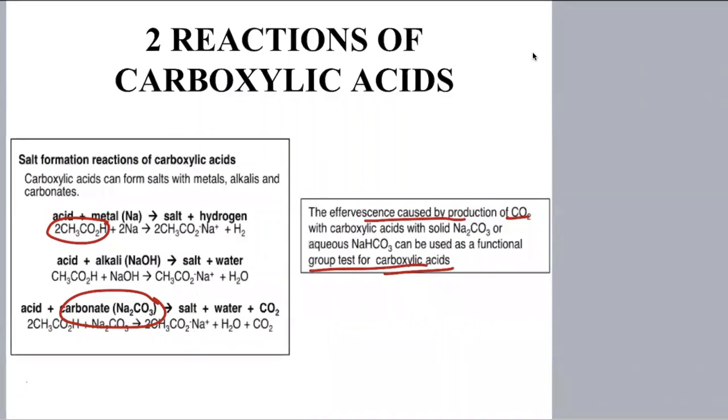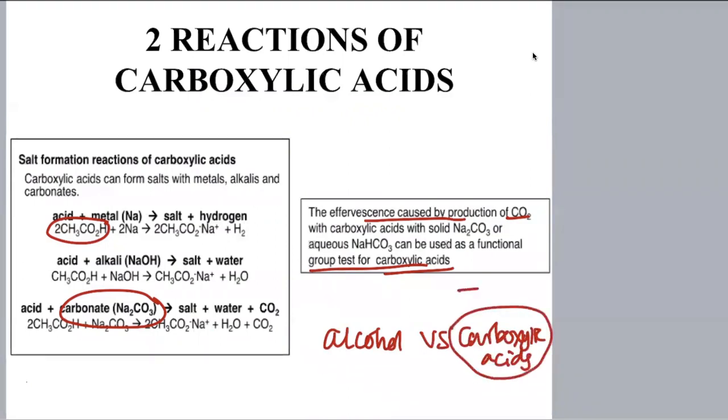If you want to differentiate between alcohol and carboxylic acids, you can use sodium carbonate, because it will only give a positive result with carboxylic acids. That is to say, only carboxylic acids can react with sodium carbonate. With alcohol, no reaction will occur. You will not see carbon dioxide gas being produced.